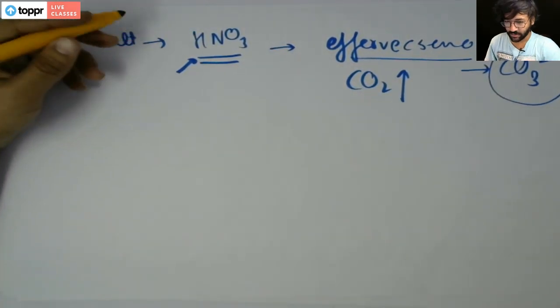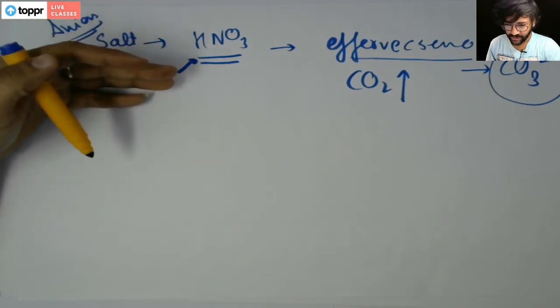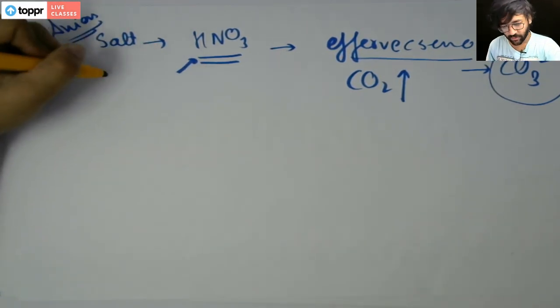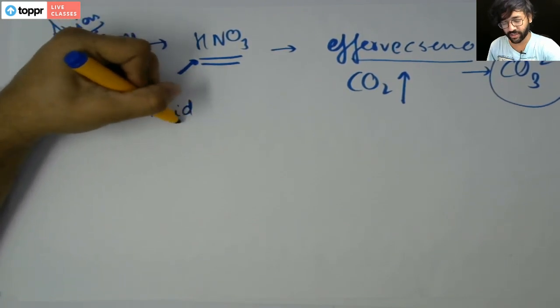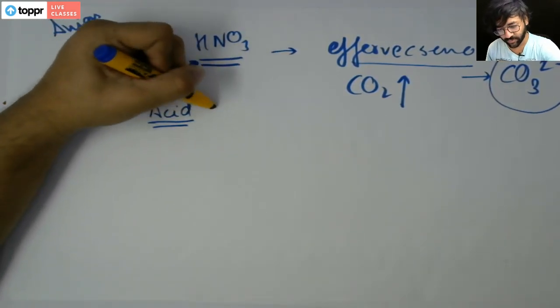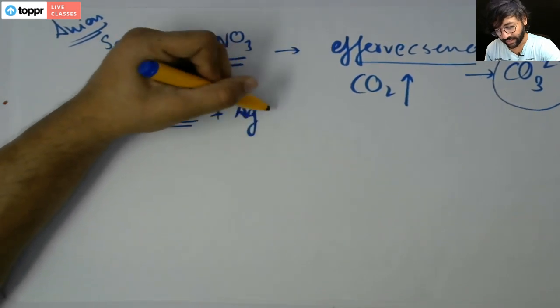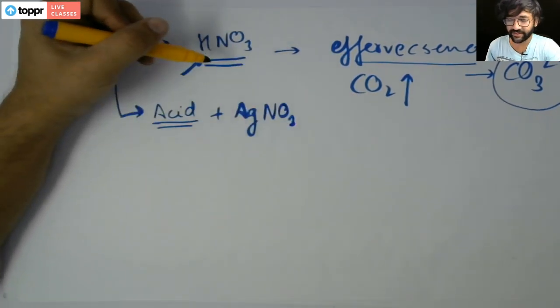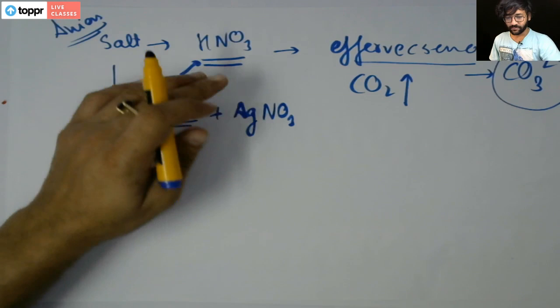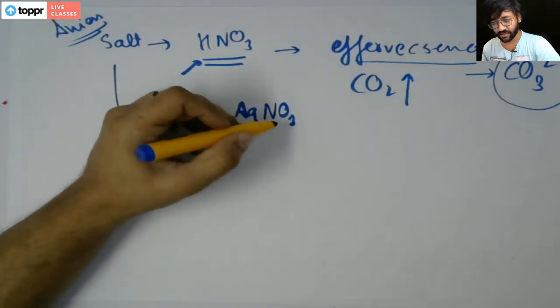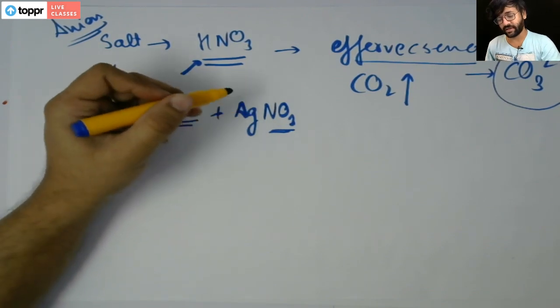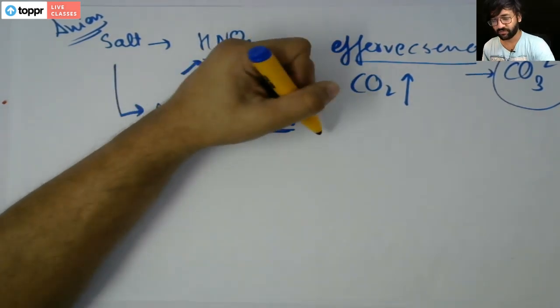Okay, so you have added HNO3, but it did not work. So what do you do? Second thing, in the acidic solution where you have put HNO3 already, put a little AgNO3. This is silver nitrate. Now, which anions have the tendency to replace this nitrate?